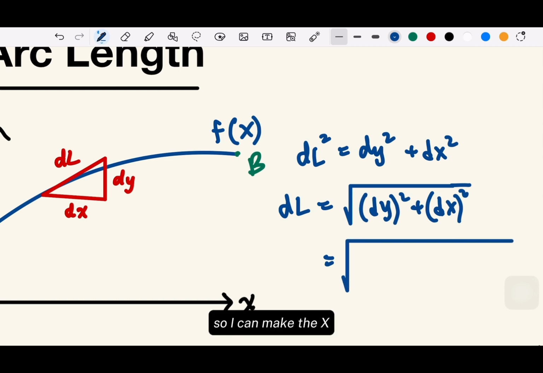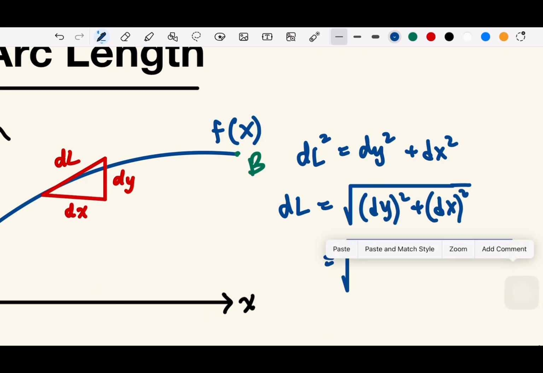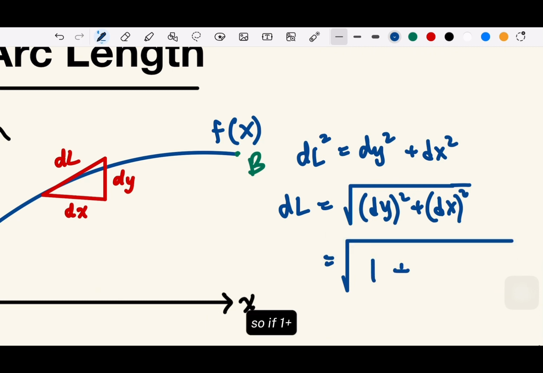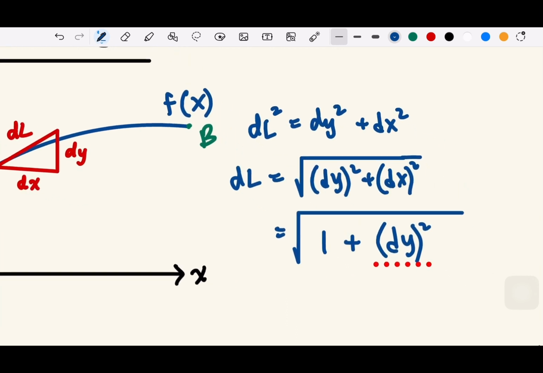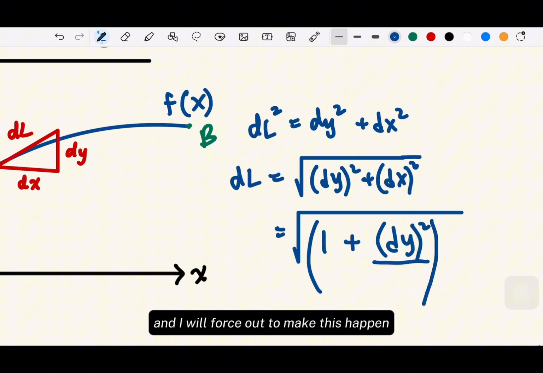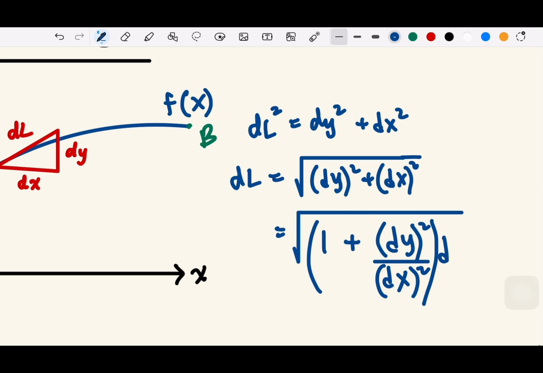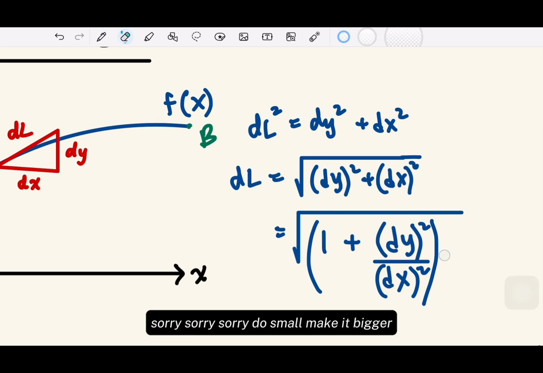So I can make dx, 1 plus dy over dx, squared. Sorry, too small.